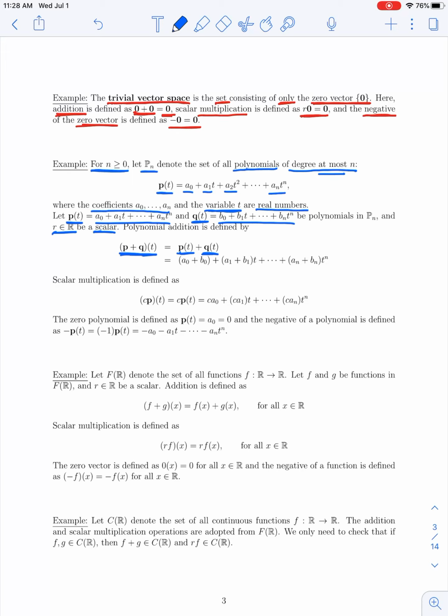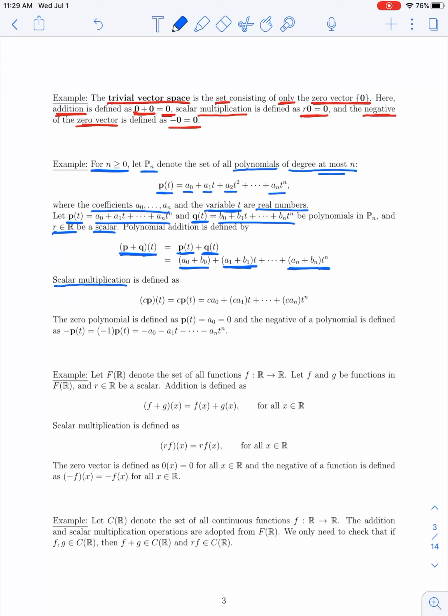So combining coefficients according to the power of t, we would have a0 plus b0, the sum of the constant coefficients for our polynomials, plus a1 plus b1 times t, the sum of the t coefficients for our polynomials times t themselves, up through an plus bn times t to the nth. So we have the nth degree polynomial whose coefficient is the sum of the corresponding coefficients from p and q.